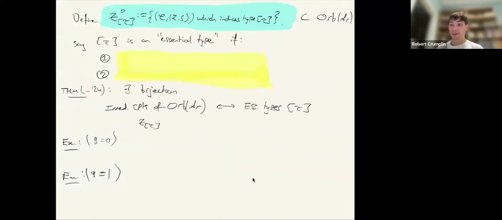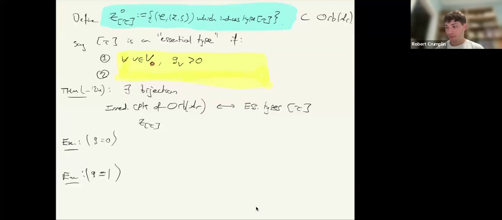Okay, great. There's one special type which I'll be interested in, which I'm calling an essential type. It's one of these mod R types, one of these pictures, which satisfies two extra constraints. The first constraint is that for all vertices in V0, the vertices which I assign the red 0 to, the corresponding number at the vertex, the genus of that vertex, has to be strictly positive.